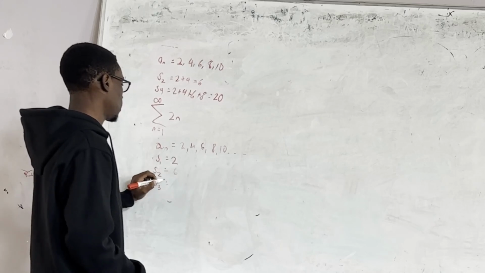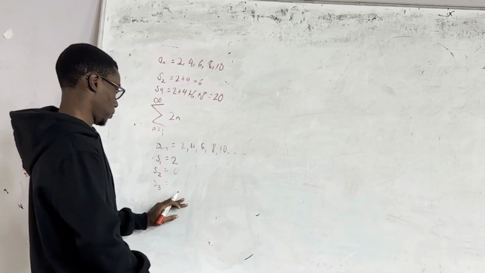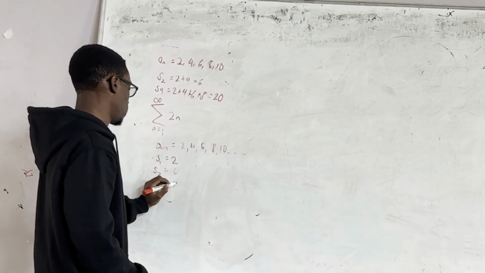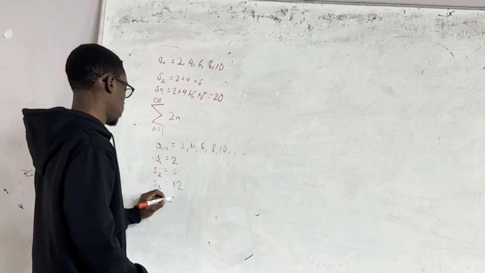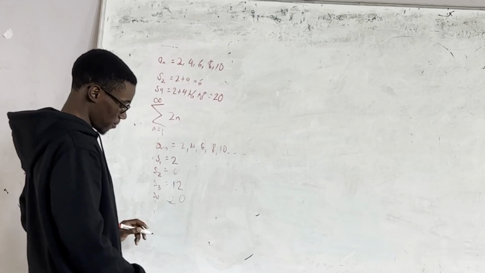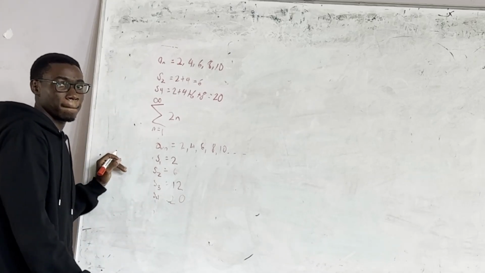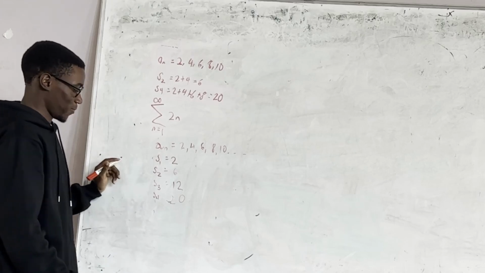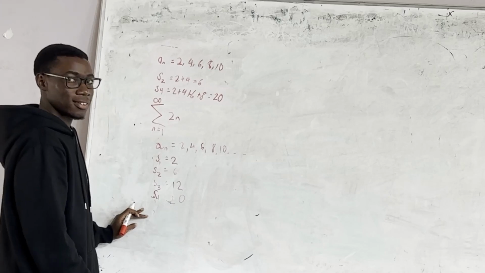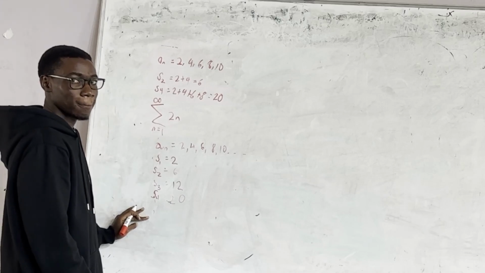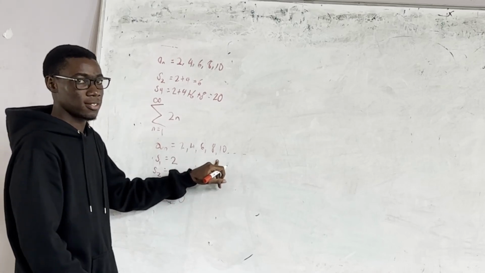S of 3 is 12, and S of 4 is 20, and so on. That is 2 plus 4 plus 6 plus 8.